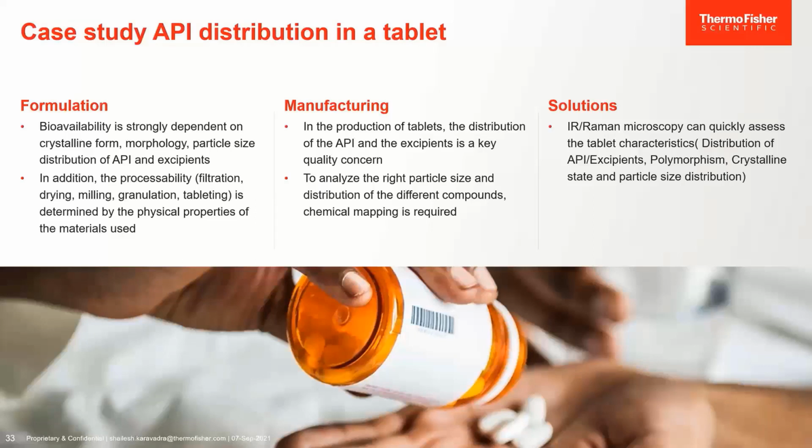For example, looking at the API and excipient distribution, residues, contamination in ampoules, particles, discoloration of blister packaging, residues from cleaning agents, in syringes and needles, distribution of active pharmaceutical ingredients on stents, for example, implants or patches. The drug form itself can also be the subject of surface analysis.